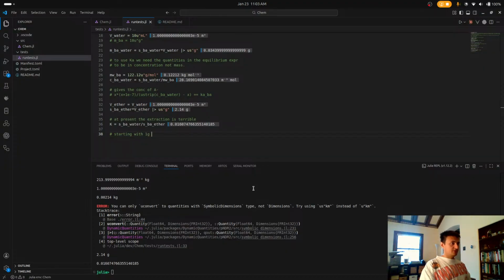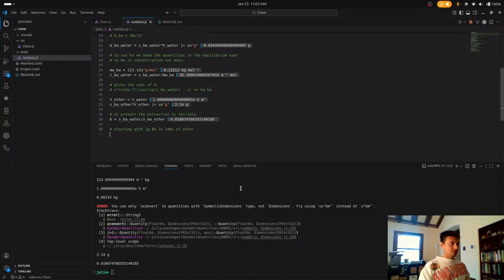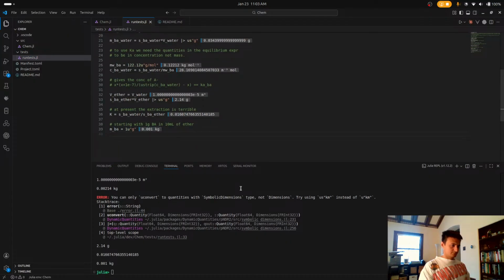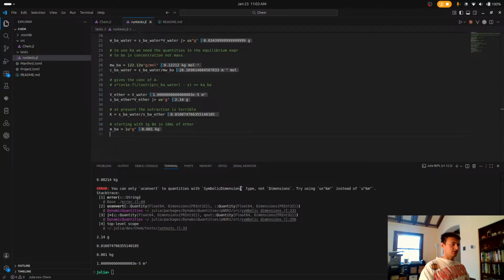Let's say with 1 gram of BA in 10 milliliters of ether. Now V ether stays the same, right? Good.